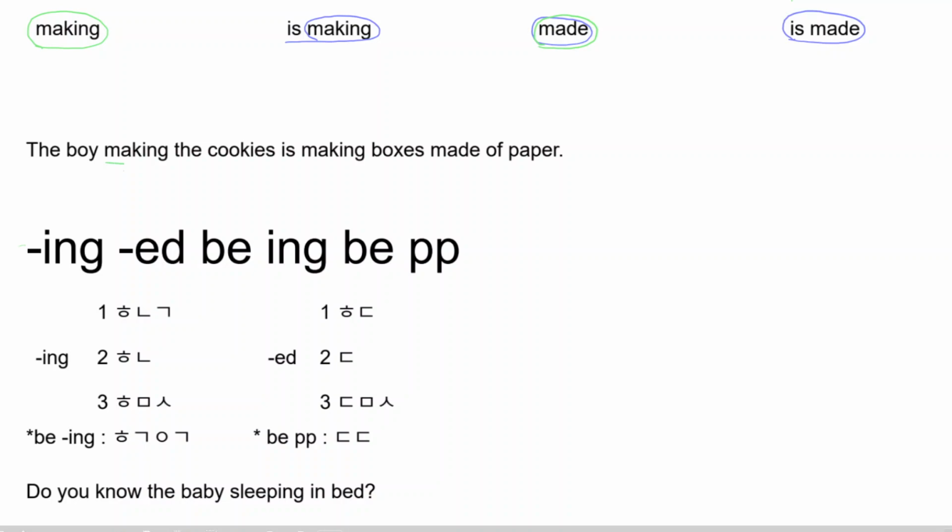So firstly, we need to mark this with green, and we have something that follows, right? So here, making the cookies is a set of words, a group of words, and making means 만드는 actually.